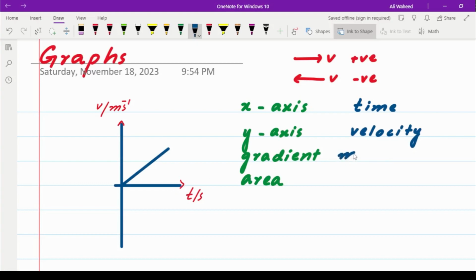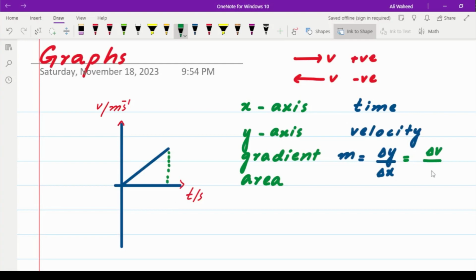So gradient is basically rise over run, y2 minus y1 over x2 minus x1. So the rise would be the change in velocity, because on y-axis we have velocity, so that would be change in velocity. What do we have on x-axis?